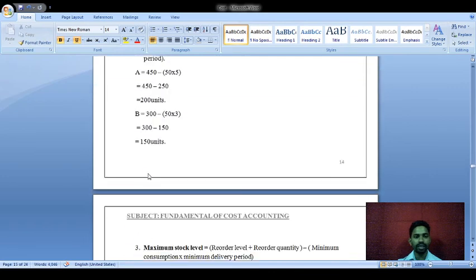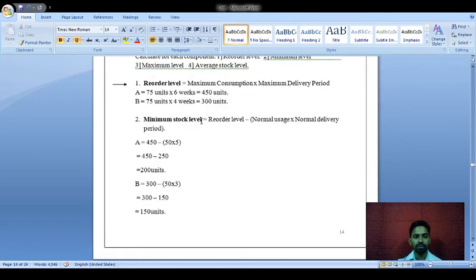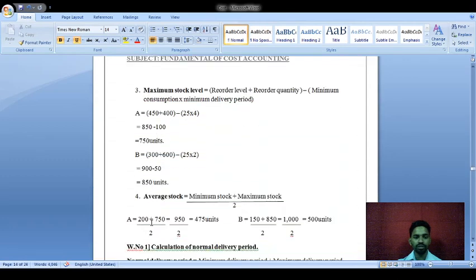We ascertained that minimum stock for the A purpose is 200 units. So 200 units plus maximum stock, which we ascertained for the A purpose as 750 units, divided by 2. So 200 plus 750 is equal to 950, divided by 2. The answer will be 475 units.